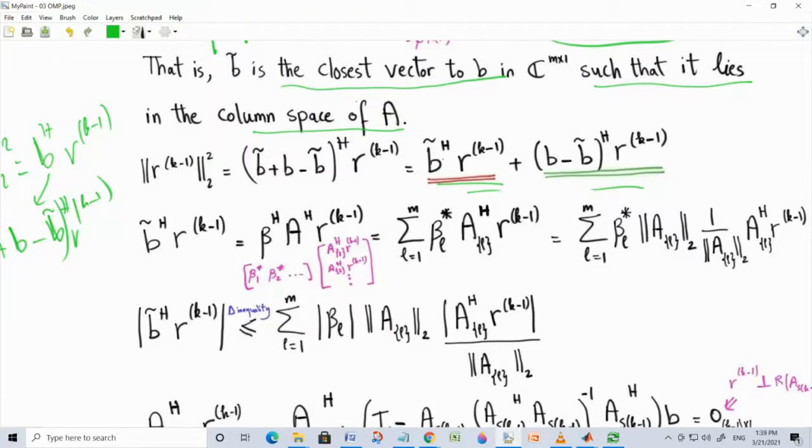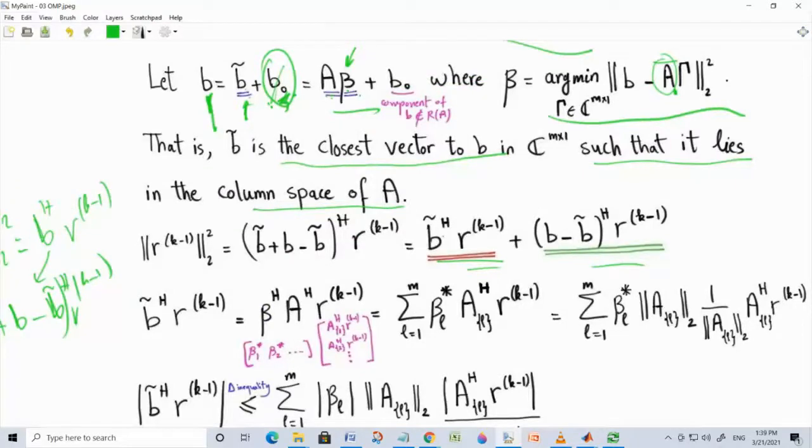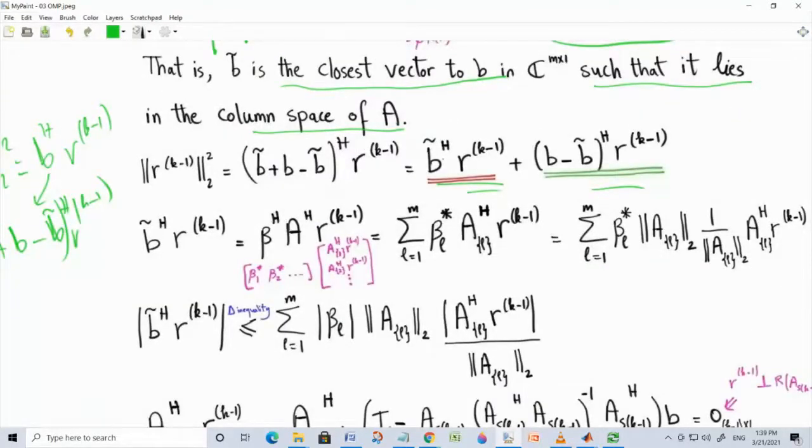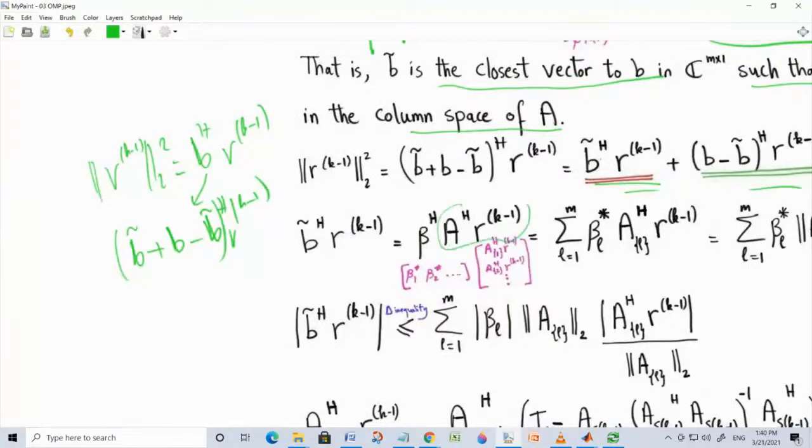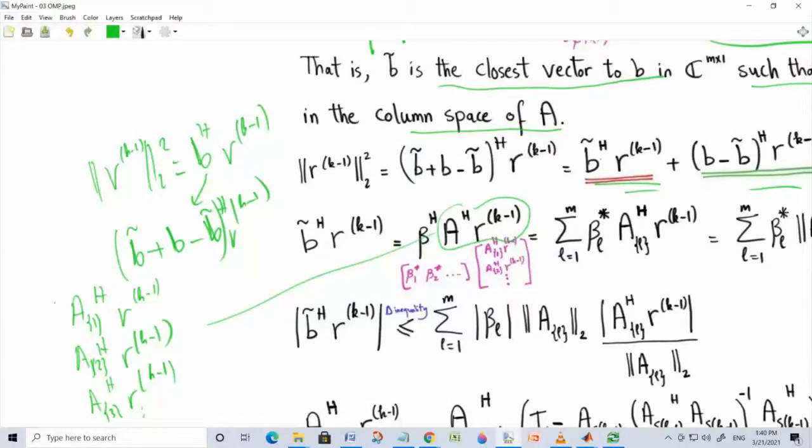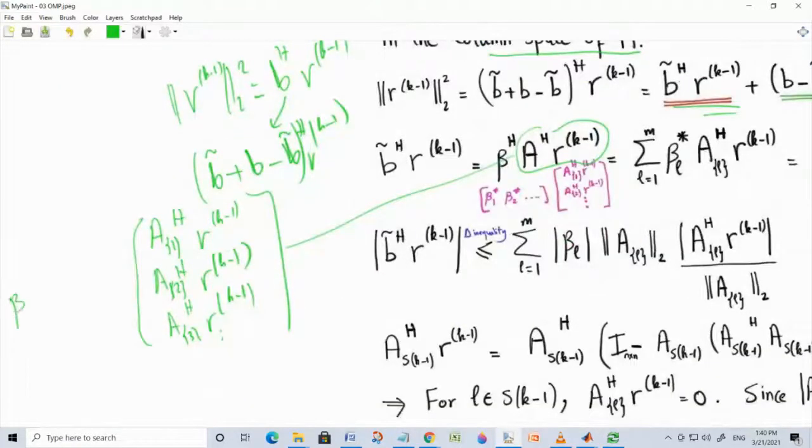Let's take this first component. So what is b tilde? b tilde is A multiplied by beta, and so b tilde Hermitian is beta Hermitian A Hermitian, and this is R_{k-1}. If you look here, what is this thing? This is the first column of matrix A Hermitian multiplied by R_{k-1}, then the second column Hermitian R_{k-1}, and then the third column, like a column vector A Hermitian multiplied by R, with beta 1 conjugate, beta 2 conjugate, beta 3 conjugate.